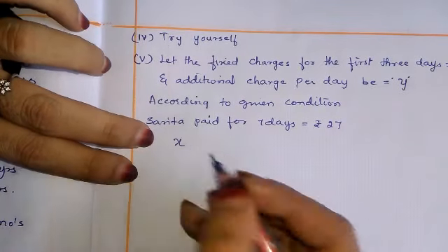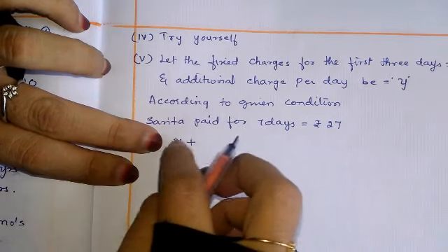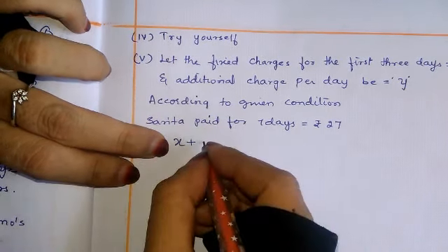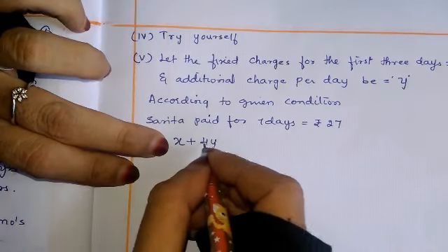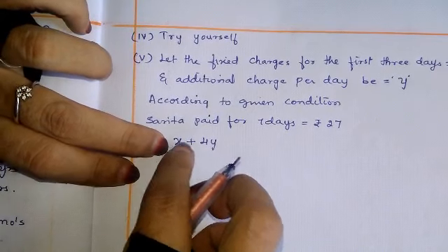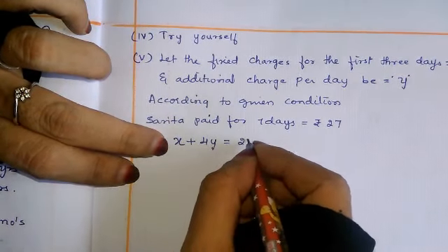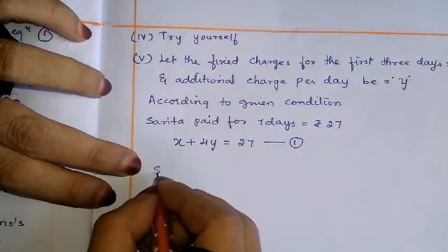First 3 days x, plus out of 7 days, 3 days x. How many days remain out of 7? 4 days remain, 4 additional days, 4y. 3 fixed days plus 4 additional days. Total 7 days she paid 27 rupees. Equation 1.